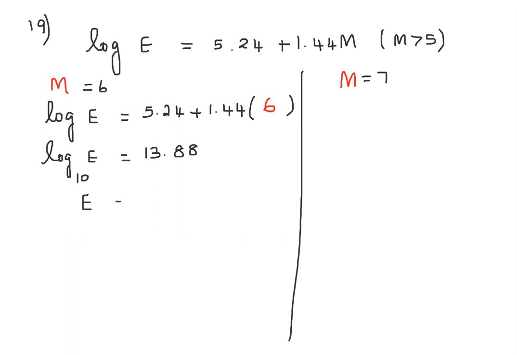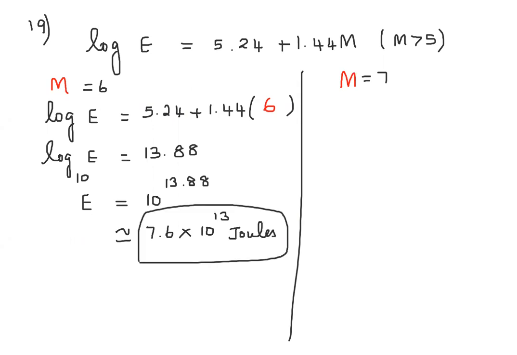So E is going to be 10 to the power 13.88. Which is going to be 7.6 times 10 to the power 13. It will be the answer. Next we are going to plug in 7.